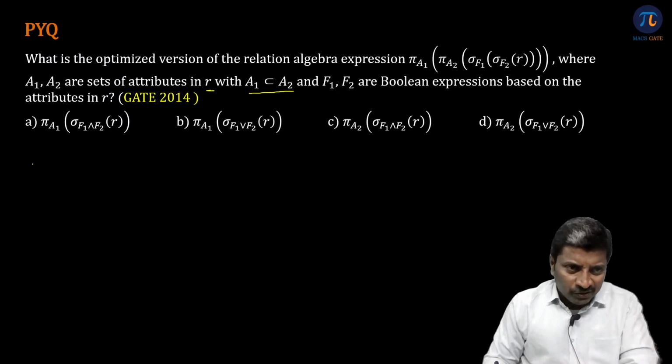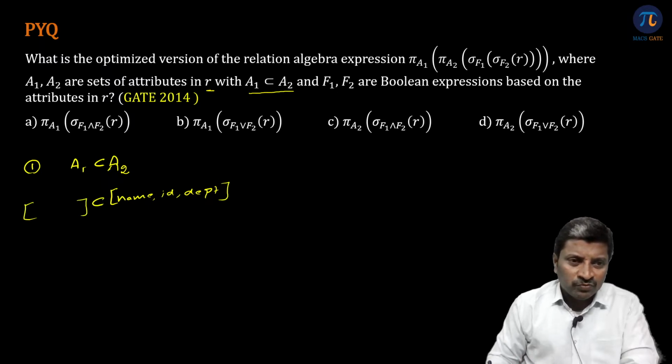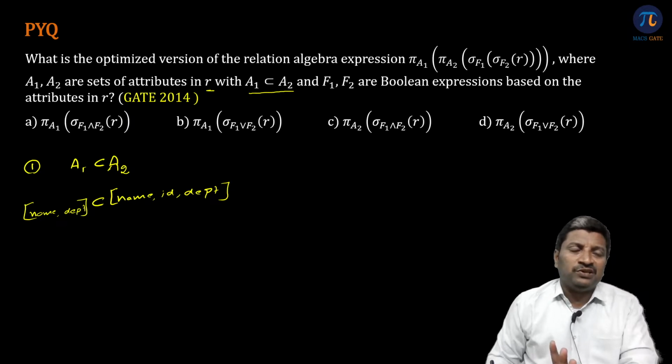Sir, the first important point is a1 is a subset of a2. What does it mean, sir? Here I have selected some two to three columns like name, comma, ID, comma, department. Now from this I am selecting one or two like name, comma, department. That is the first meaning of it.